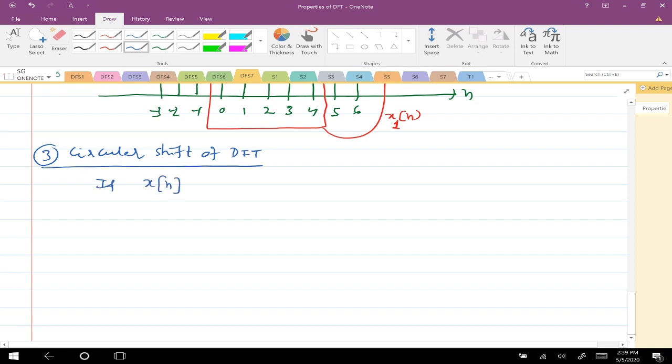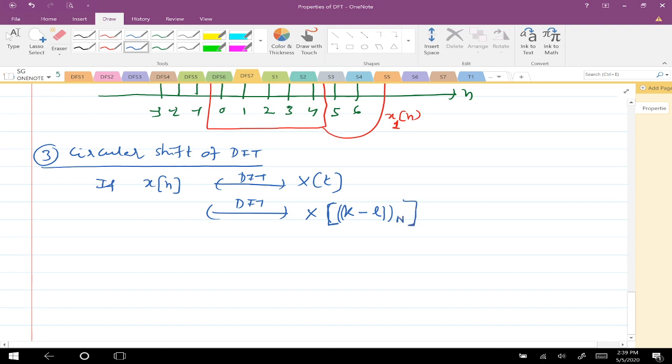If for x of n the DFT is capital X of k, and then I am shifting this by, let's say, X of k minus L, can I write it that way? Because this is only an n-point DFT, there are only n things, so I should bring it back to 0 to n minus 1.